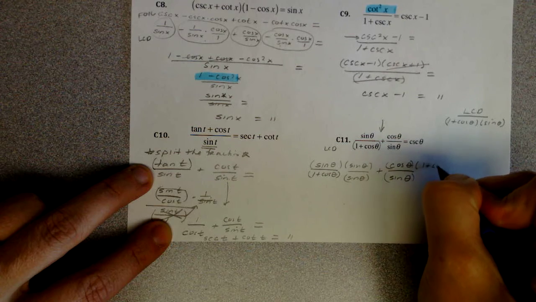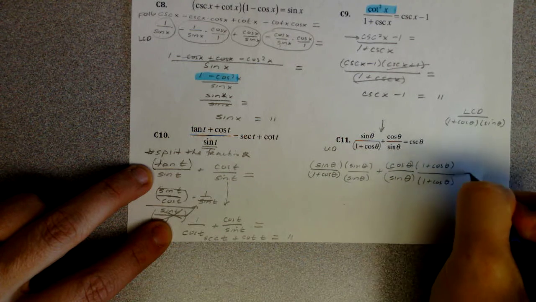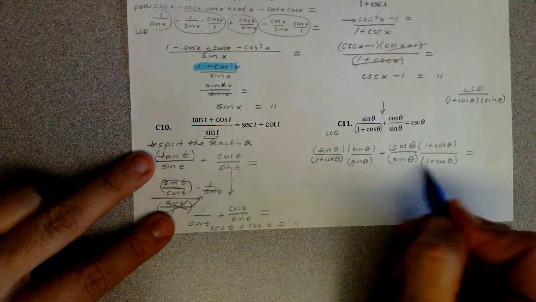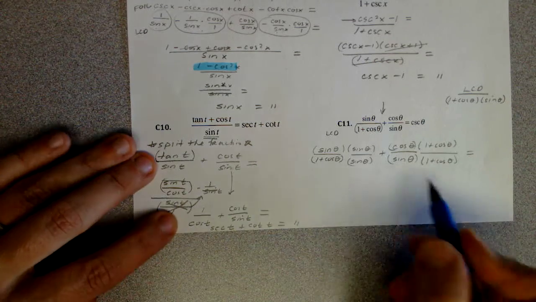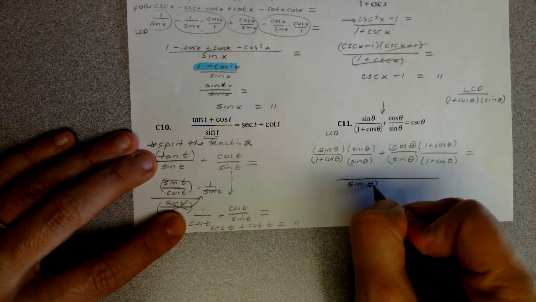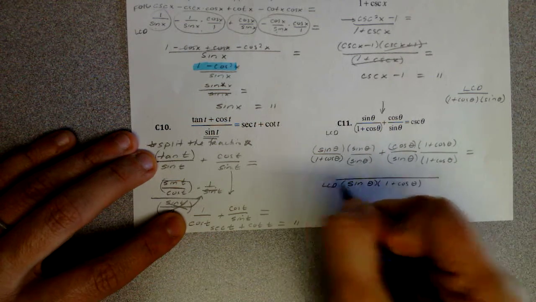I'm missing the quantity 1 plus cosine theta. Now I have the same denominator. Up top, I'm going to leave this in the factored form, sine theta, 1 plus cosine theta. Remember, this is my LCD.